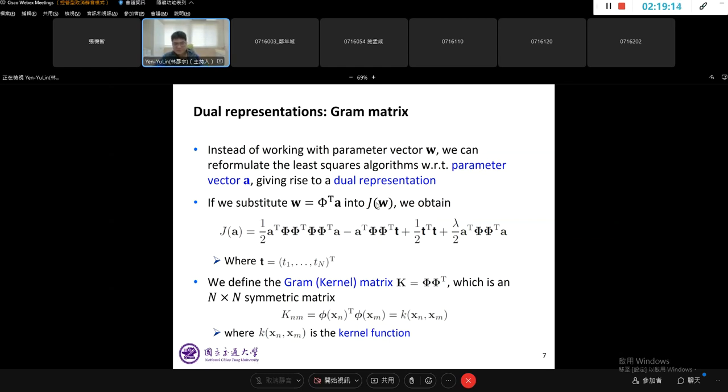Previously, J of W was the regularized sum of square error. In dual representation, W equals phi transpose A. So we use phi transpose A to replace W, and we substitute this equation into J of W. We will get this one.